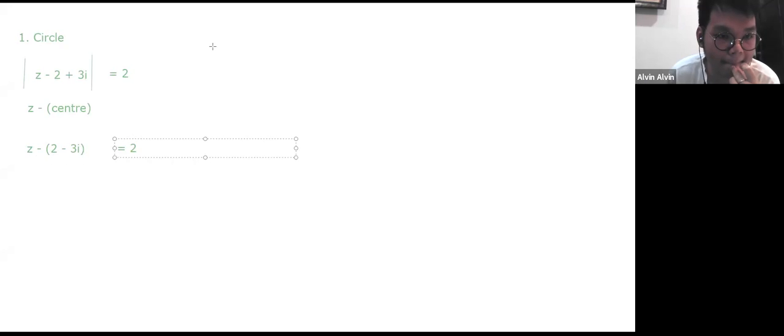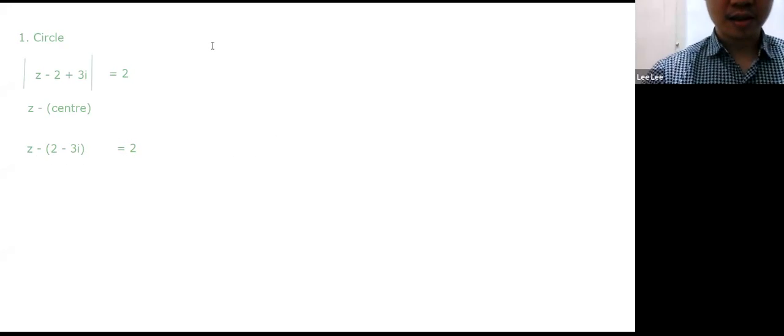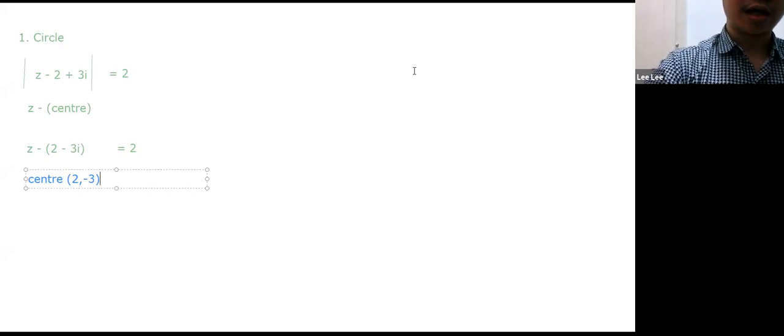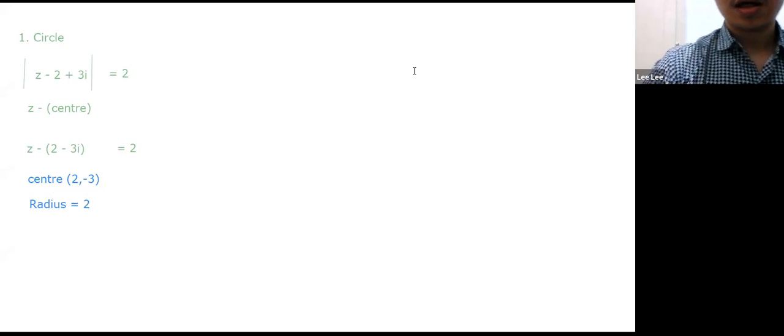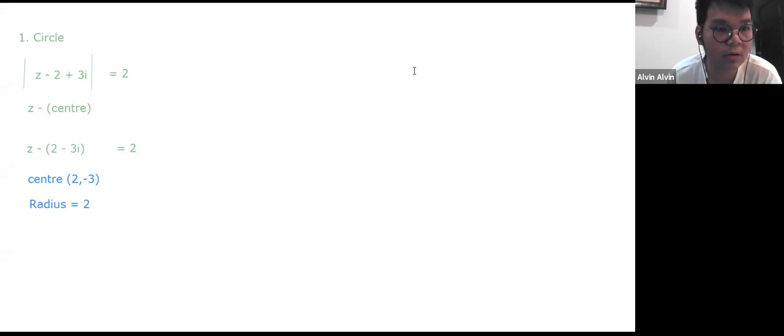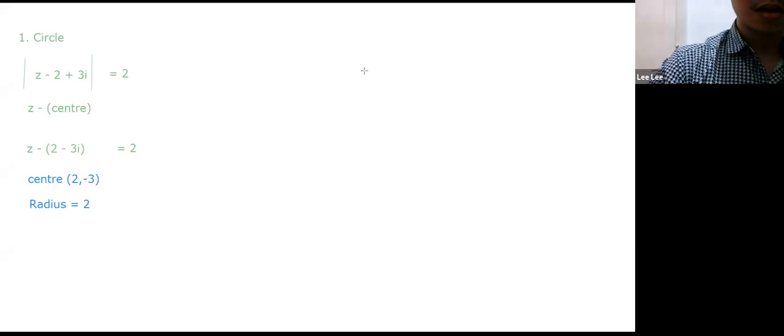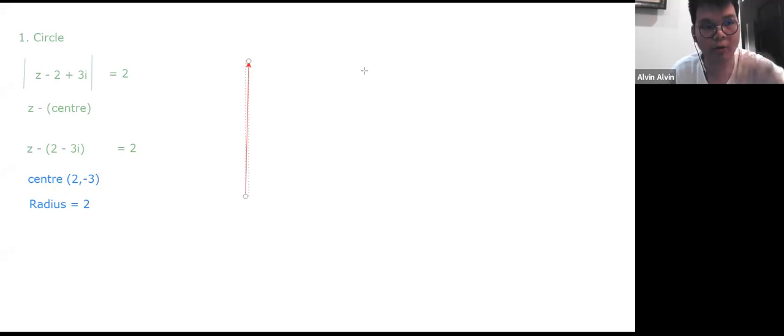So the understanding is the center of the circle is 2 by negative 3, and the radius equals 2. So basically, we omit the z and then make the 2 plus 3i the center, no need to do anything else.